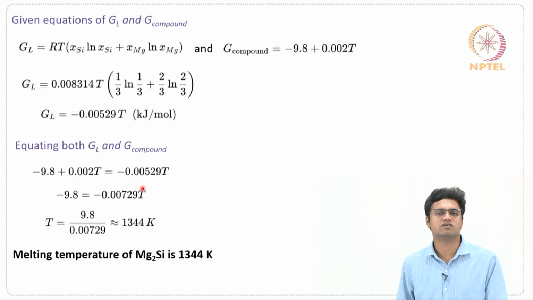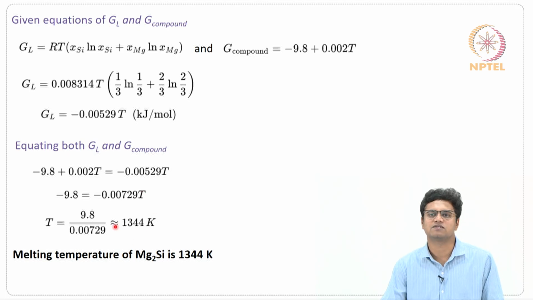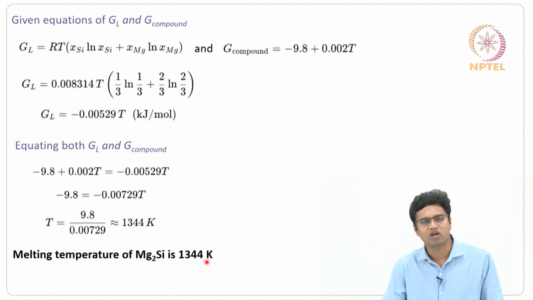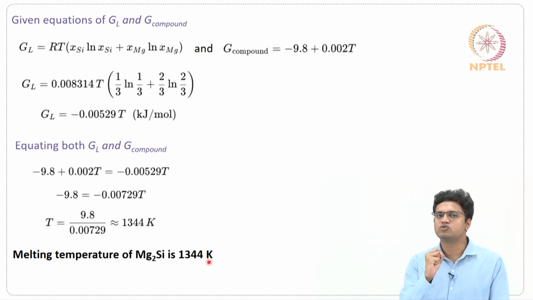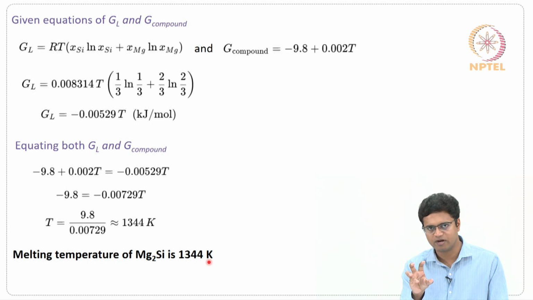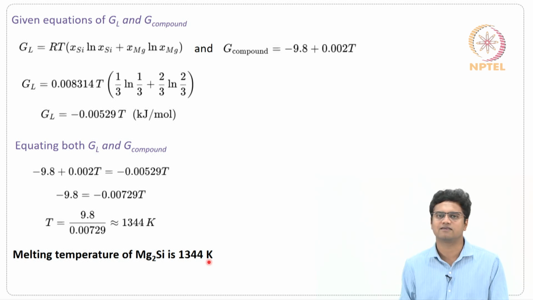The melting point is a situation of one equation, one unknown, and it comes out to be 1344 Kelvin. So the melting temperature of Mg2Si is 1344 Kelvin. That's how we can use basic thermodynamics and the understanding of thermodynamic stability of these compounds to evaluate the stoichiometry, their melting point, and things like that.